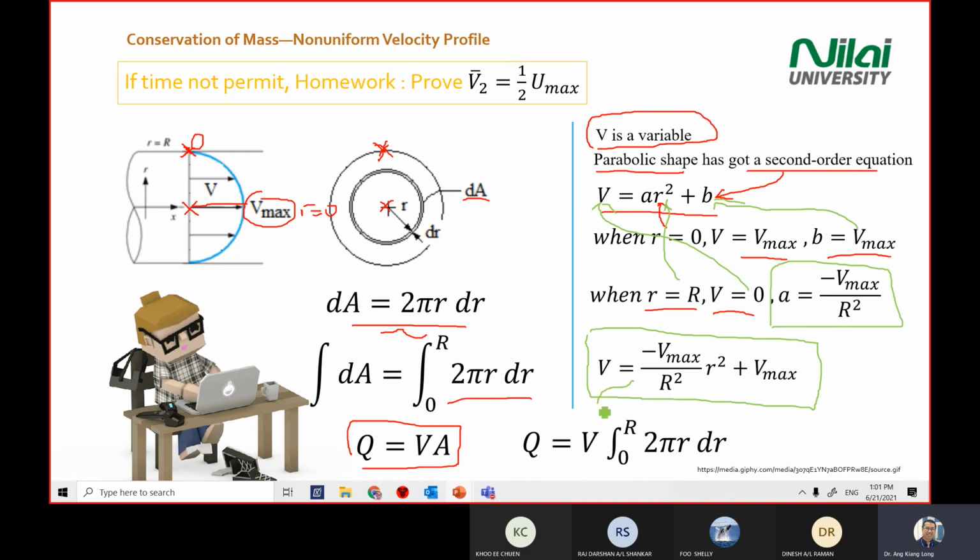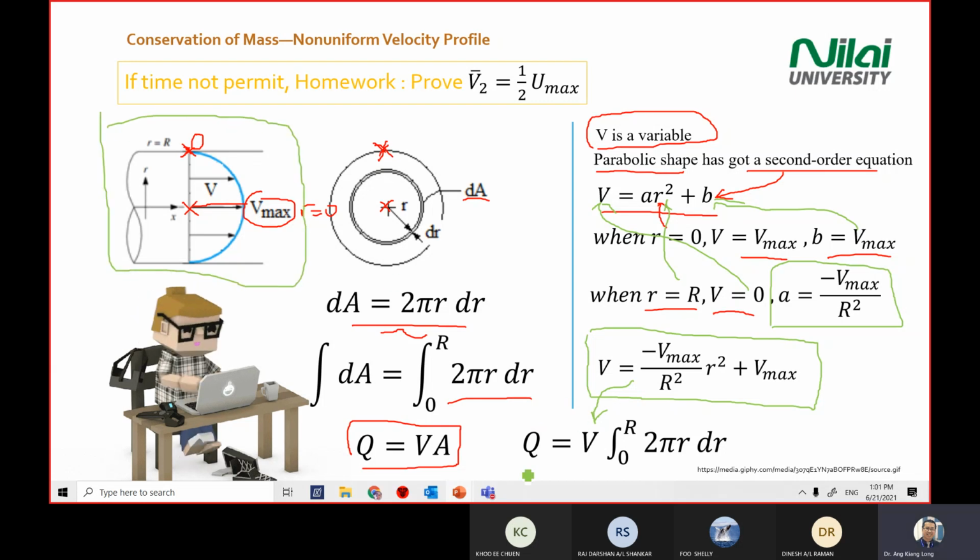After that, you substitute into the Q equals VA equation from just now. Again, we are looking at the parabolic scenario, so we are using this equation, Q for the parabolic side. In the beginning, we compared uniform flow and parabolic flow. We have two equations, and you put the two equations side by side.